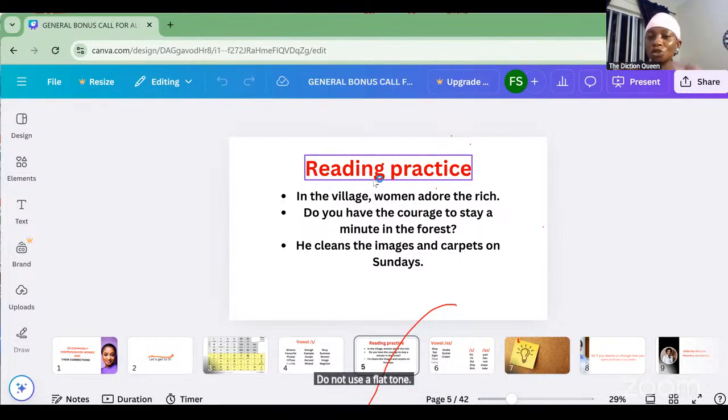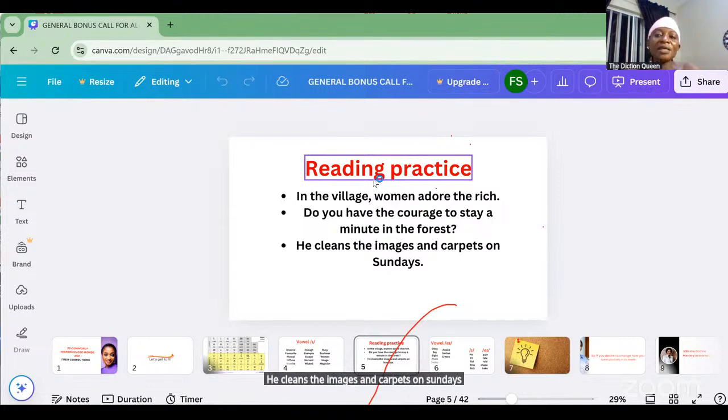As you approach the last word in that sentence, let the tone of your voice go down, let it fall. Do you have the courage to stay a minute in the forest? In the forest. The third sentence: he cleans the images and carpets on Sundays.